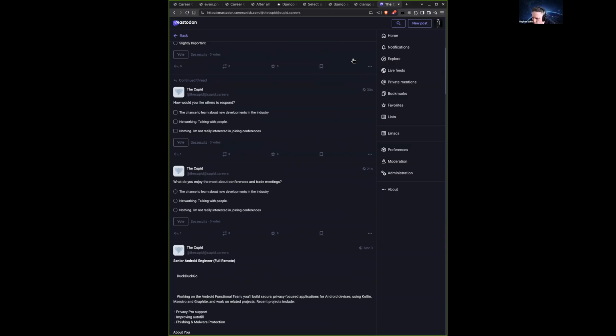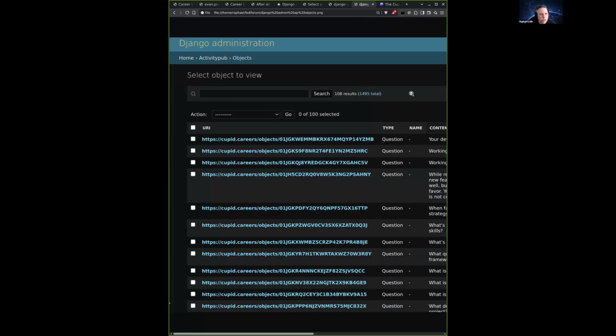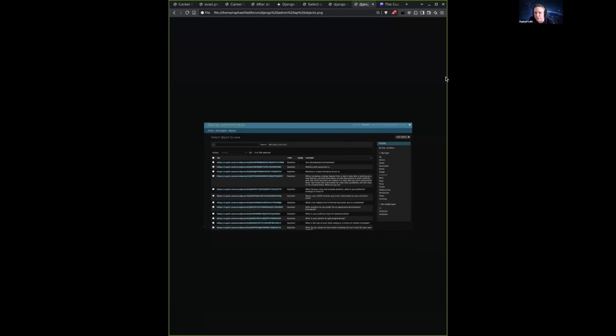I don't know if I want to get into the details of the ActivityPub toolkit, we're not going to have a lot of time to do that here, but the interesting thing is that the ActivityPub toolkit is kind of an extension.